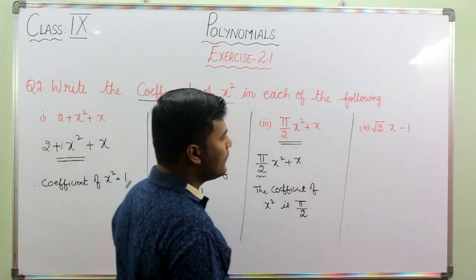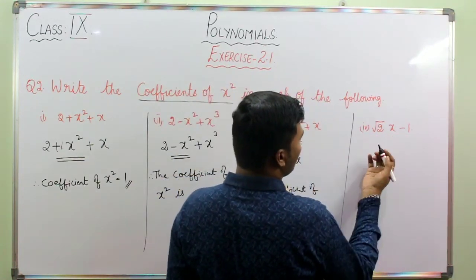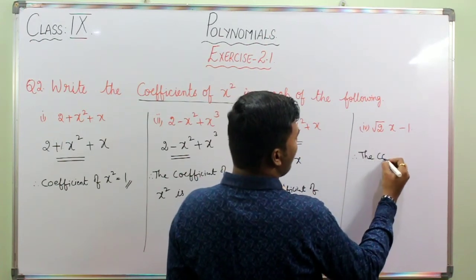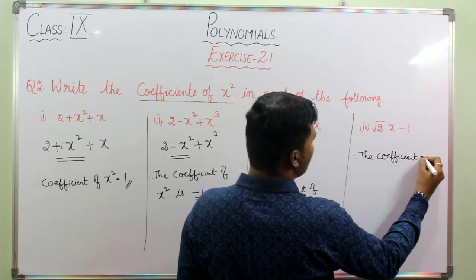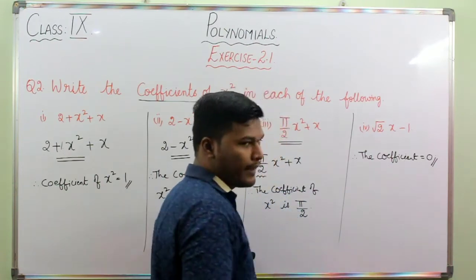In the fourth one, that is root 2 x minus 1, we don't have an x square term, so the coefficient will be 0, because the term x square is not there.